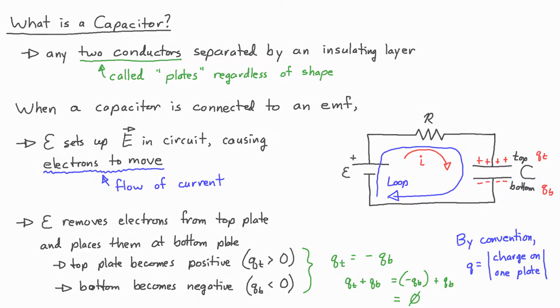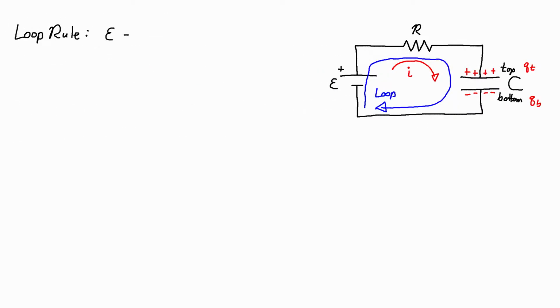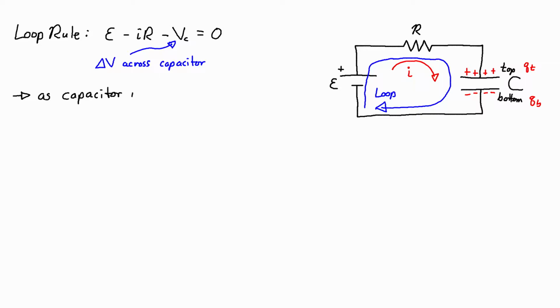The next thing I'll do is take a look at what I get by applying the loop rule. In this case, I get that the EMF minus IR minus VC, which is the potential difference across the capacitor, is equal to 0. And so as the EMF drives current through the circuit and removes electrons from the top plate and deposits electrons on the bottom plate, the voltage across the capacitor, VC, will increase, and it will keep increasing until the voltage across the capacitor is the same as the voltage across the EMF.